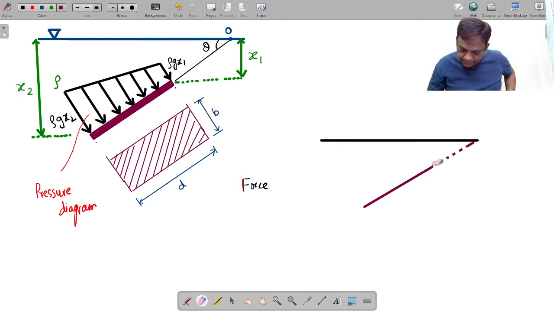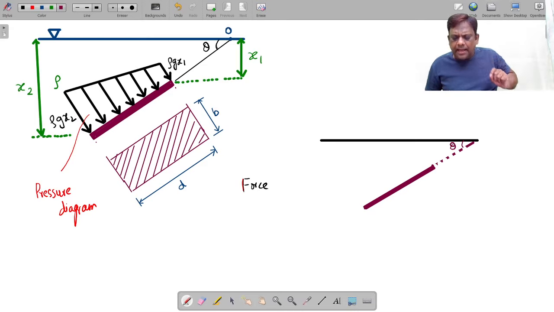Look once. This is the object. And this angle is theta. What is theta? The angle made by our surface with respect to the free surface.